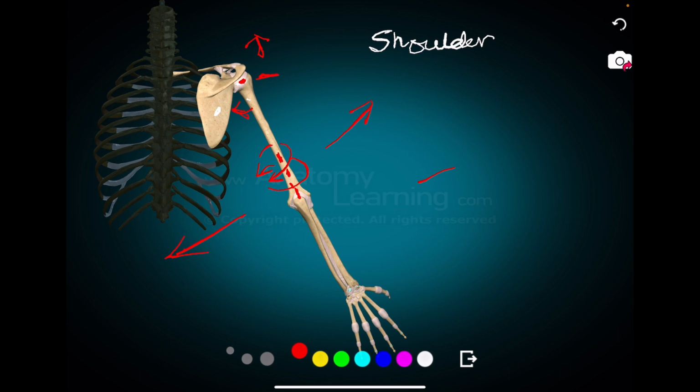So basically the movements are abduction, produced by the deltoid and the supraspinatus, and after 90 degrees the scapula externally rotates to make the abduction 180 degrees, and that scapular external rotation is produced by trapezius and serratus anterior.